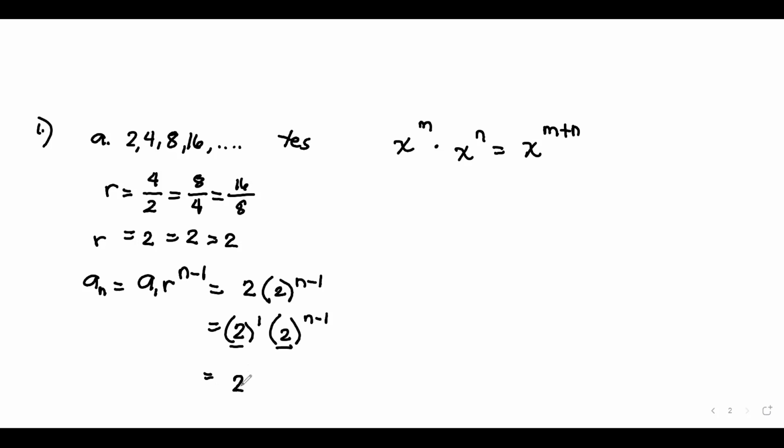So we copy the base, then add the exponents: 1 plus n minus 1. When we simplify it, bring down n, 1 plus negative 1, so 1 minus 1 is 0. So this is now the formula: a sub n equals 2 raised to n.